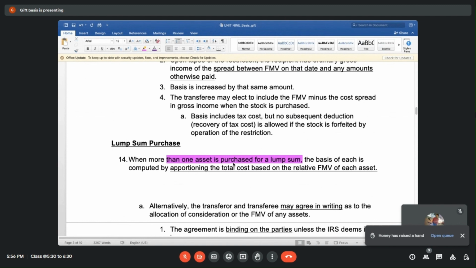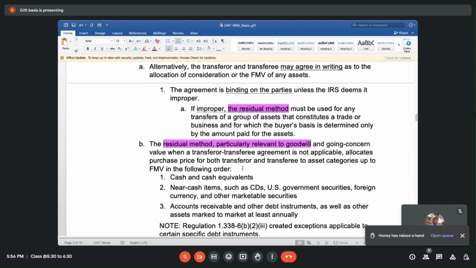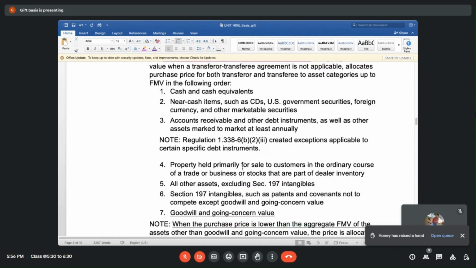First, we will take cash, then marketable securities, and so on. In order of liquidity, we need to go through these classes, from class 1 to class 7.